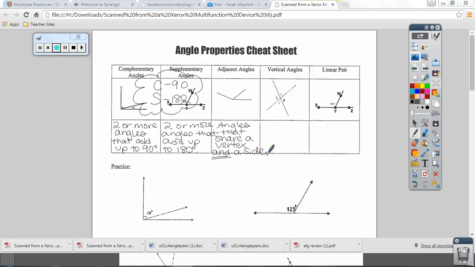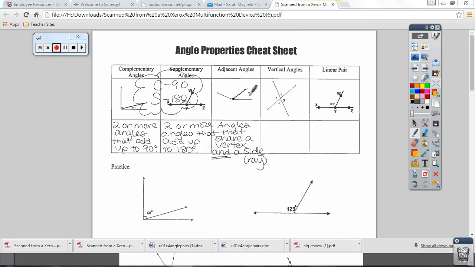The side is basically a ray. If I look at my 2 angles right here, notice these 2 angles share this common vertex. Notice they also share that ray or that side, which makes them adjacent. They're sitting next to each other.